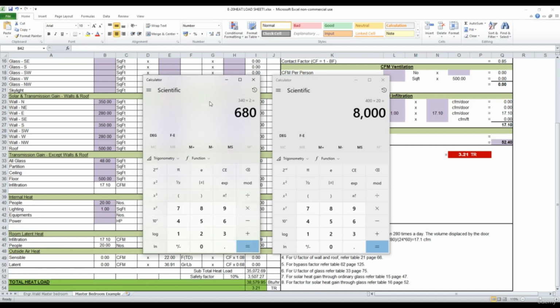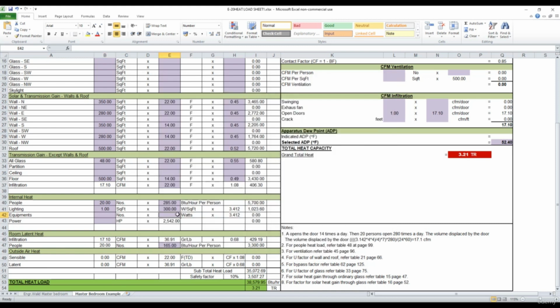So the total power consumed by the 2 printers is 680 watts. So the total power consumed due to the equipment in the room is 8680 watts. Since we have added all the equipment under one value, we depict the number of equipment as 1. Hence, converting it into BTU per hour, we get the heat load from all the working instruments inside the room.